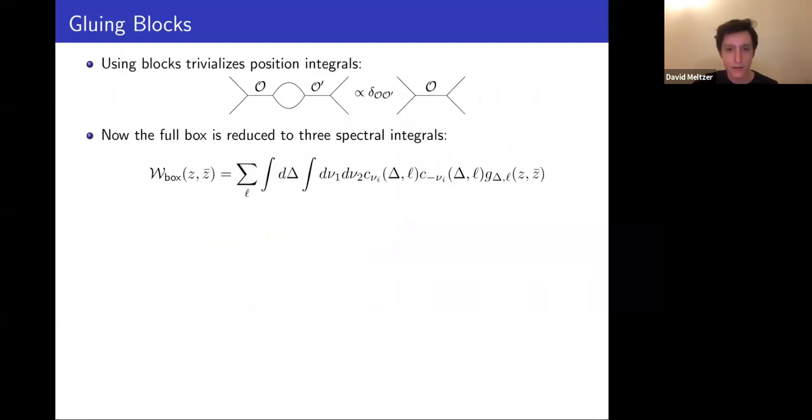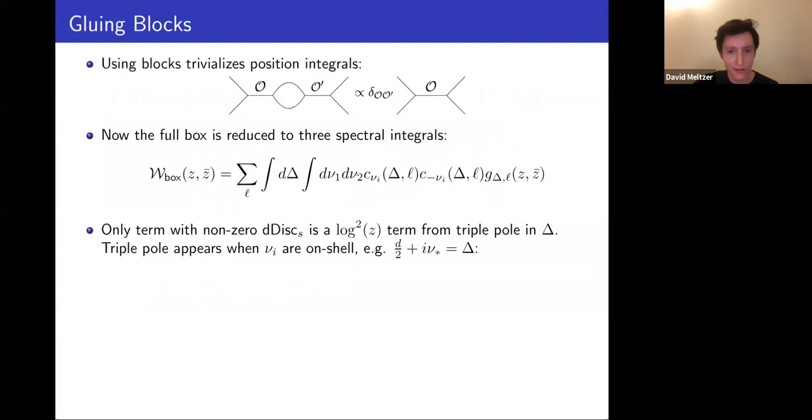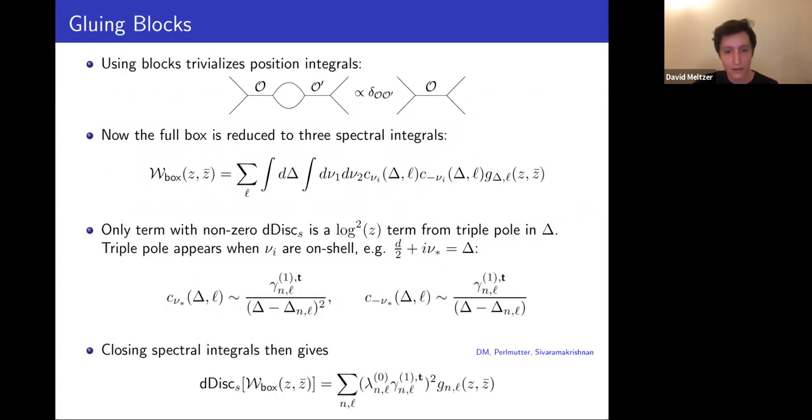And basically, when you do all your work about closing the spectral integrals and finding the piece that contributes to the double-discontinuity, you see there's only one term, and it corresponds to picking out the anomalous dimension squared. So it's a lot of technical work, and I can discuss it maybe after the conclusion if people are interested, but I don't want to go through the details now.